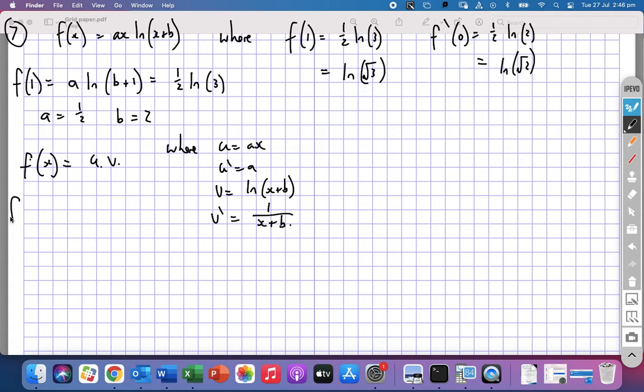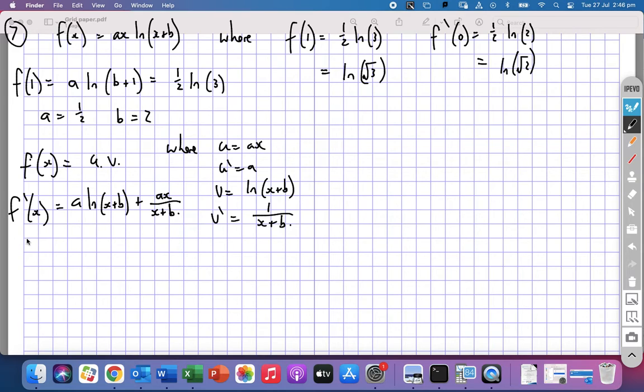And so therefore the derivative will be a log x plus b plus ax on x plus b.